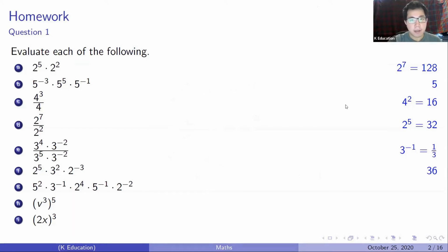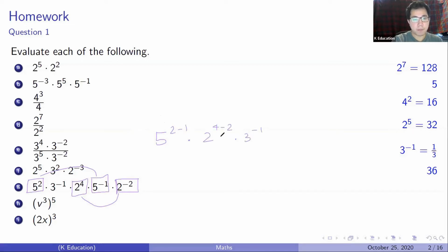Okay, next one, again, similar kind of idea. It's best to join up all the bases that are the same. So 5 and 5, 2 and 2, and 3 is by itself. And doing that, you see that it's supposed to be 5 to the 2 minus 1, times 2 to the 4 minus 2, so 2 squared, times 3 to the minus 1.